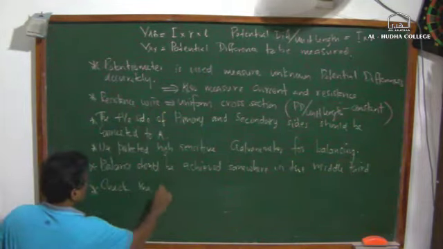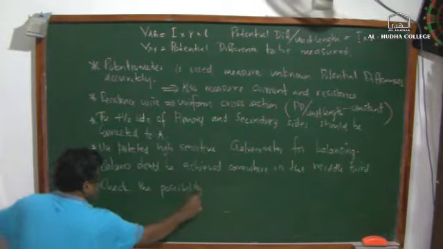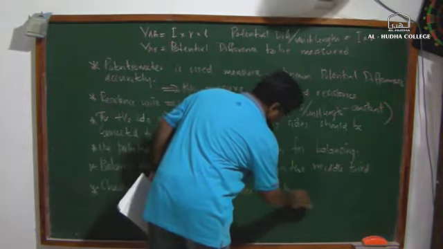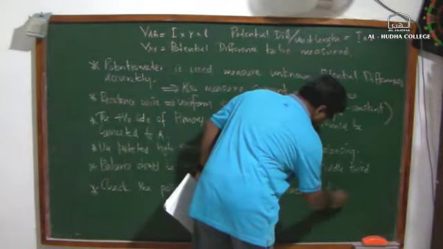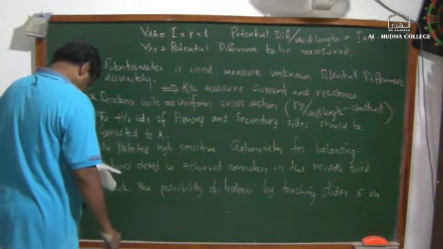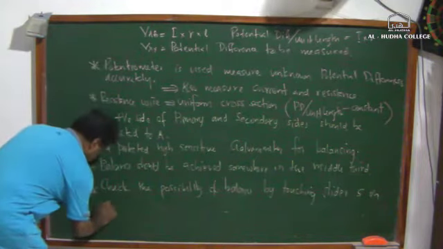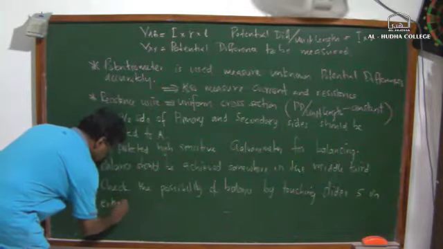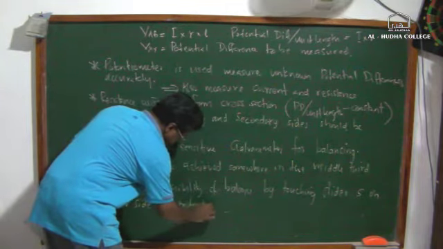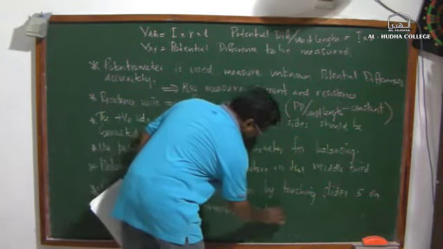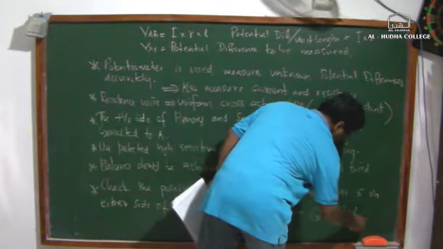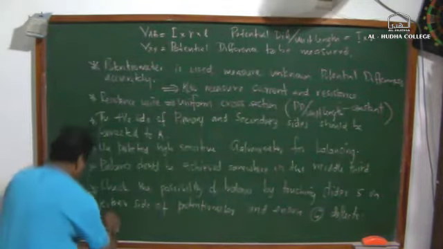Check the possibility of balance by touching slider S on either side of the potentiometer and ensure G deflects in opposite directions.